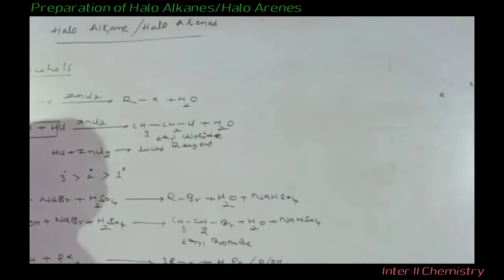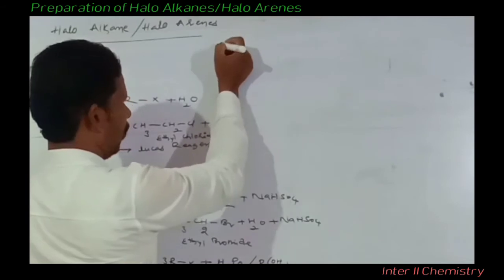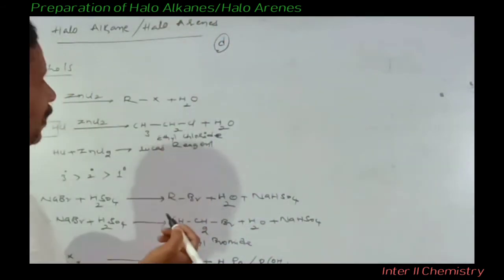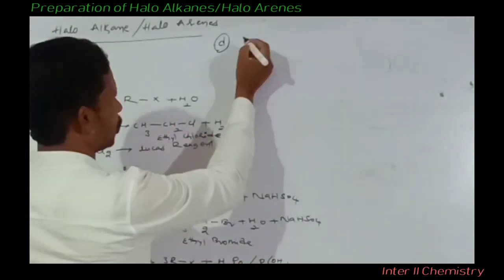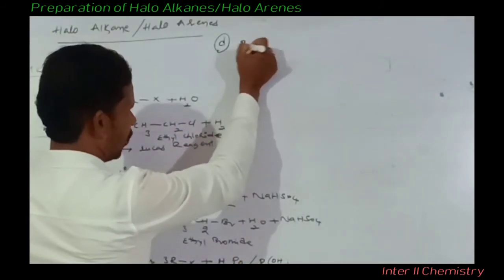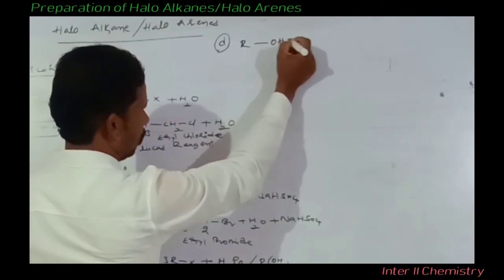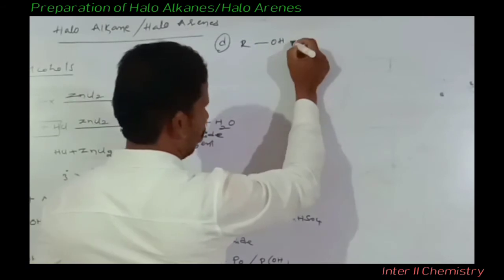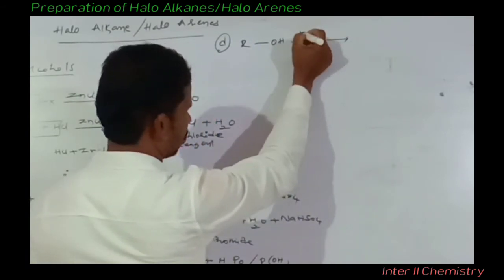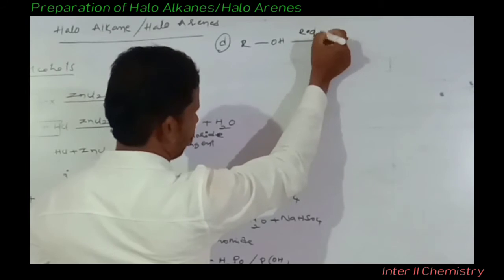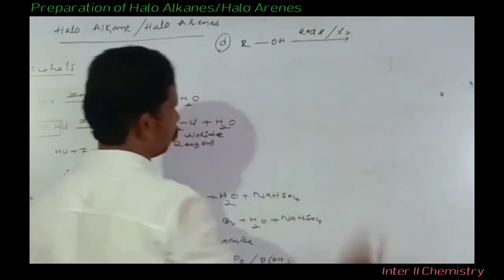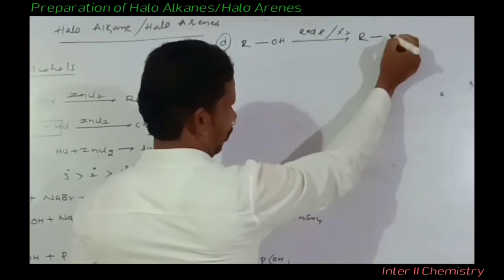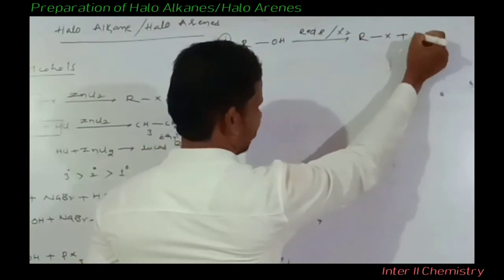Next, further reaction: alcohols reacting with a direct halogen in the presence of red phosphorus. Suppose ROH plus X2 in the presence of red phosphorus gives RX plus HX.